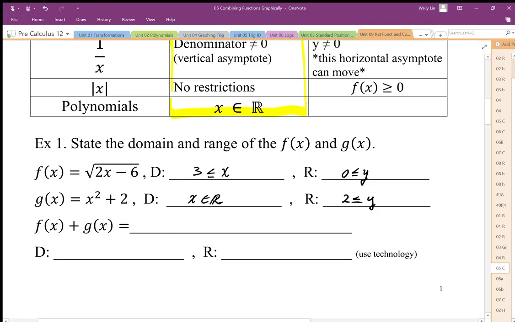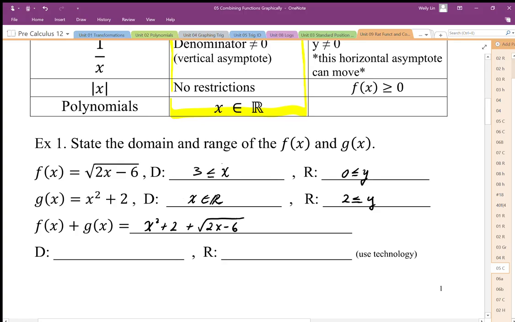Well, algebraically, when we put this together, we end up with x squared plus 2 plus the square root of 2x minus 6. So that's what my function is going to look like. And then we need to establish domain and range. So for the domain, we are going to look at the domain of the two functions, and whatever is the most restrictive is going to be the domain.